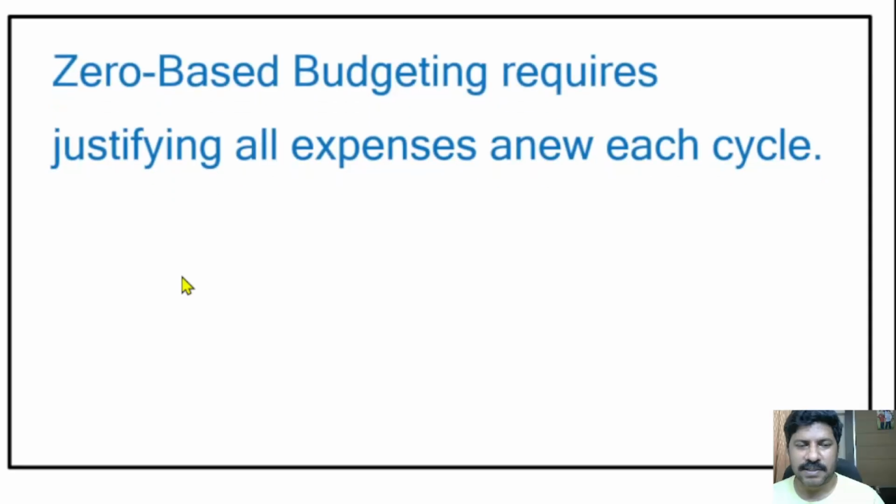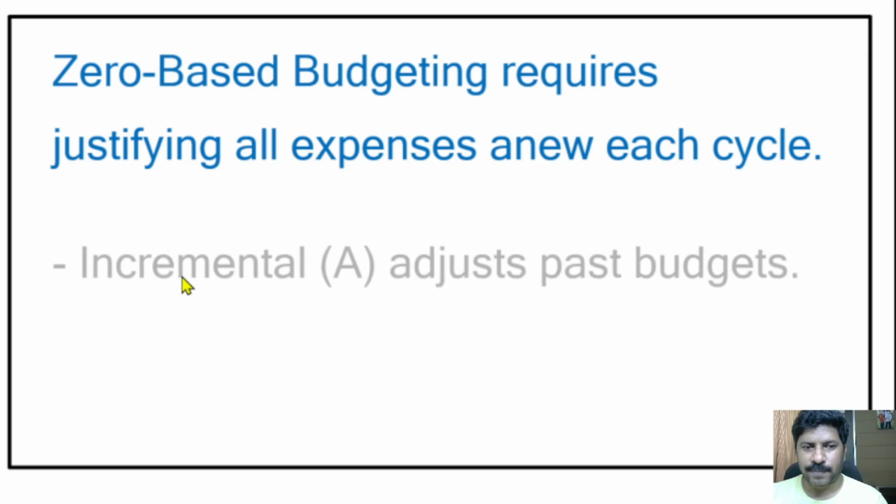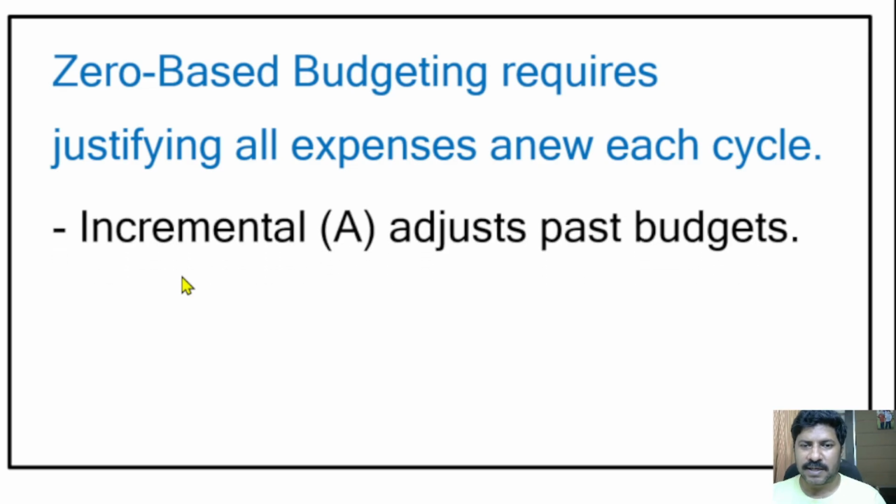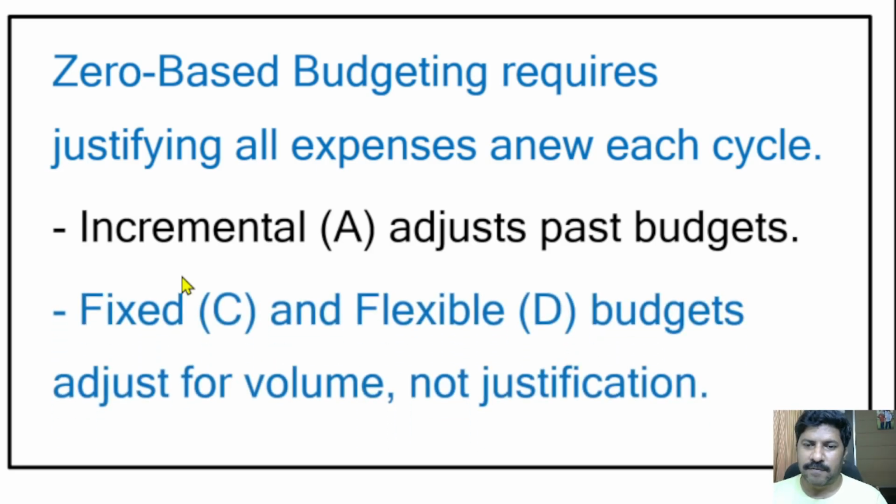So I will explain each budgeting method given in the options. Zero-based budgeting requires justifying all expenses anew each cycle. Incremental budgeting adjusts past budgets. Fixed budgeting and flexible budgets adjust for volume, not justifying. So these are the different budgeting methods. You can refer to it for more details.